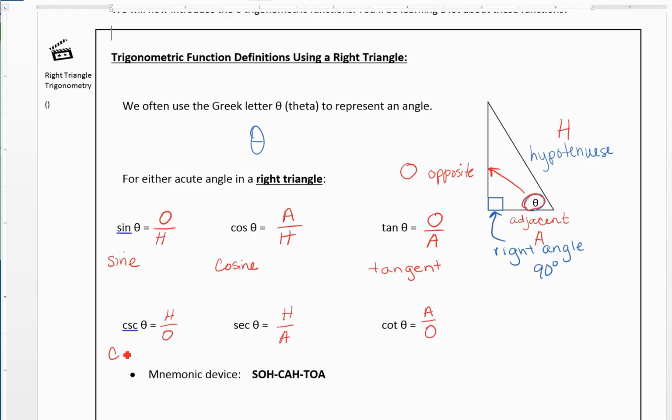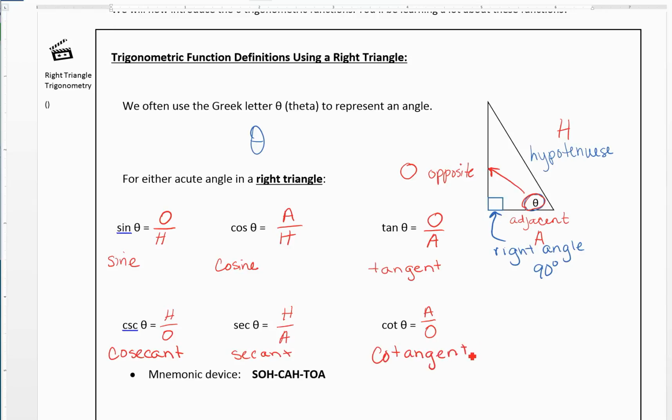CSC is called cosecant. And you'll notice it's sine flipped. It's the reciprocal of sine. SEC is secant. And you'll notice it's the reciprocal of cosine. And COT is cotangent. And it is the reciprocal of tangent.